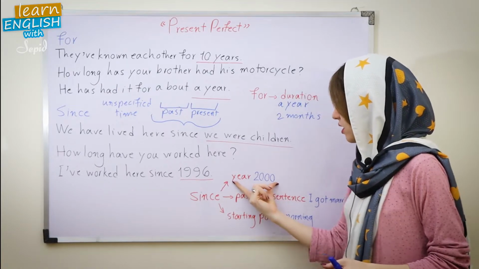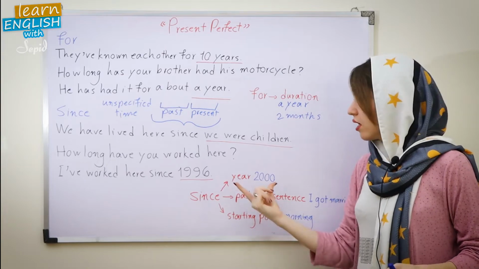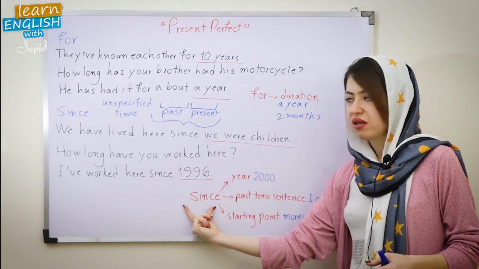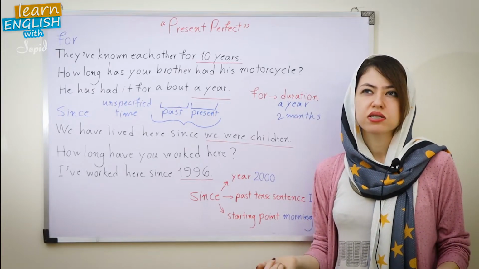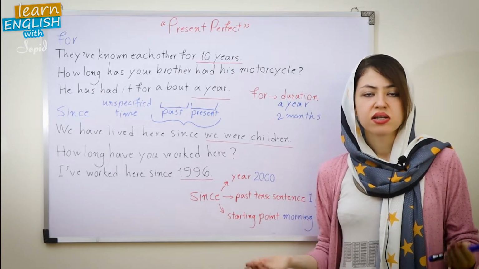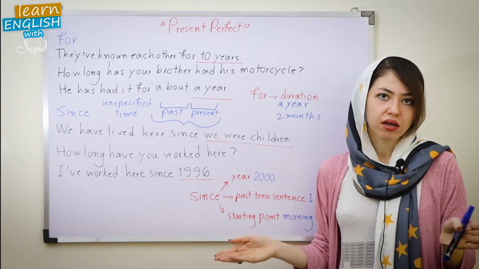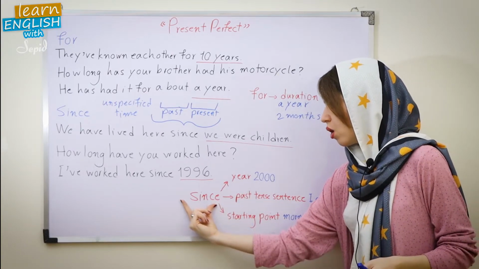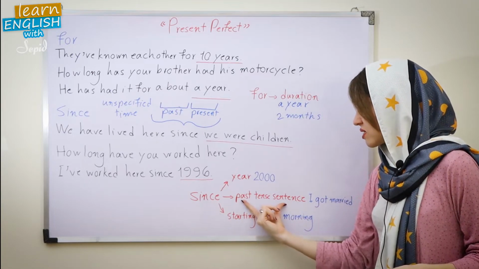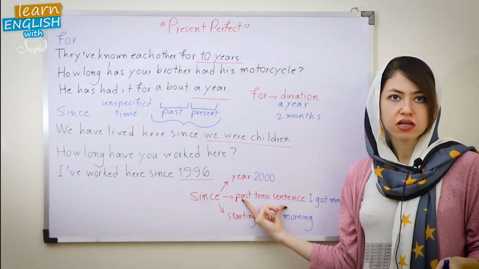So, let's see. Year 2000, you can talk about the year if you want to use since. Since 2000, since 1955, since 2010, okay, whatever year you want to say as a starting point. Or we can use past tense sentence, okay?